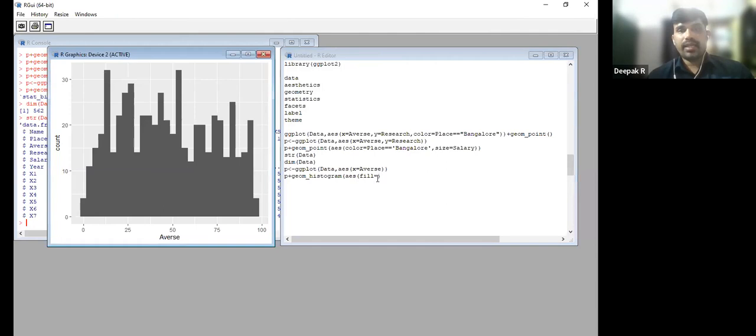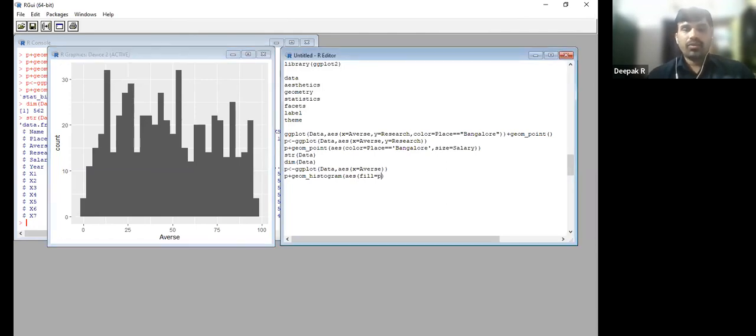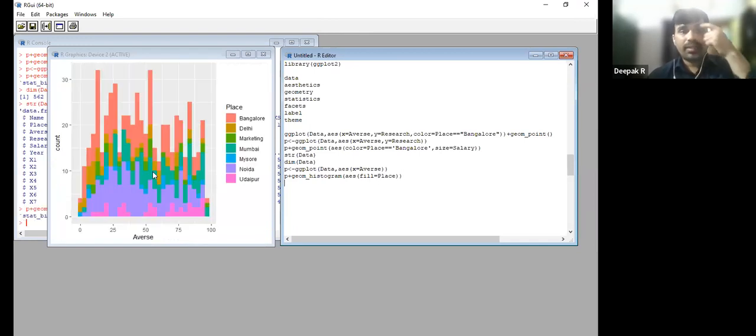If I say fill according to the place where the investors belong to, you will notice that based upon the awareness of the investors and where they are from, this gives clear indications as to what kind of investors are where.